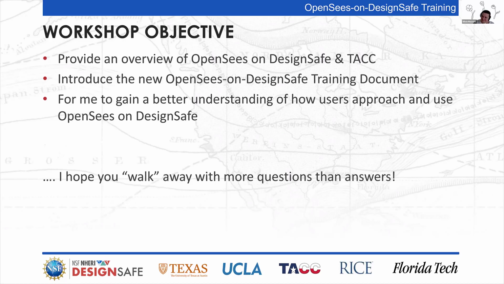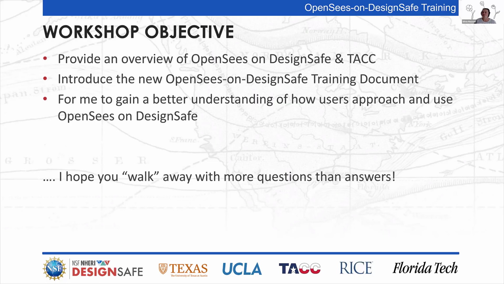And some of you have been in other workshops or have attended things that I've done. My goal is to have you walk away with more questions and answers. All right. I want you to walk away curious, to go, oh, what was she talking about? That really cool way that you can run OpenSees Tcl in a Jupyter notebook. All right.